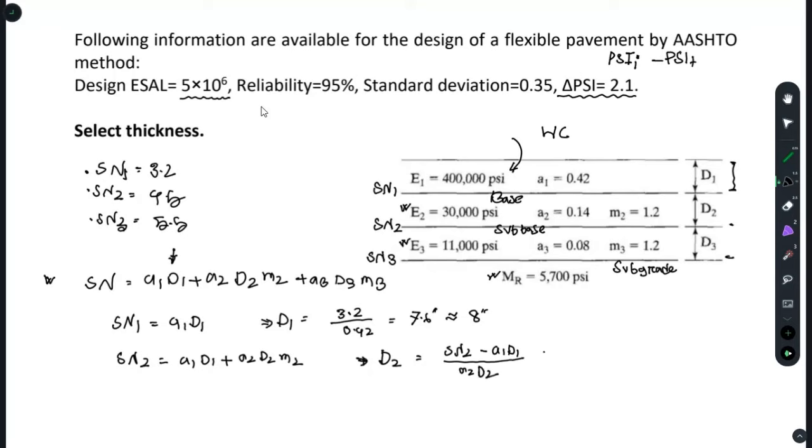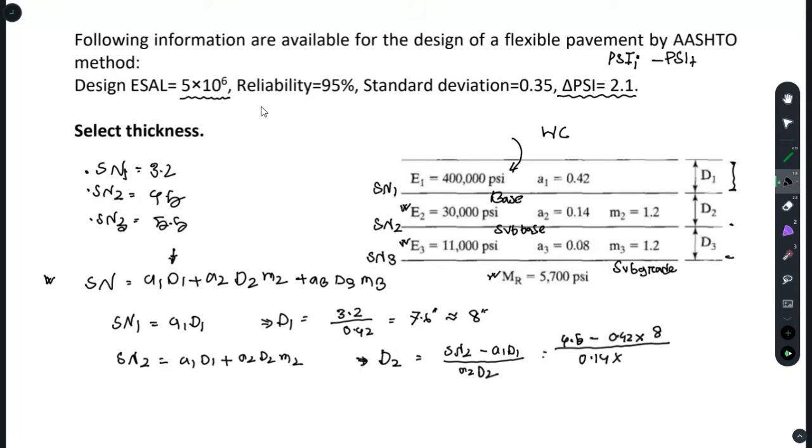So your SN2, which you know, is 4.5. We got that from the graph, and A1 is 0.42, and D1 is what we rounded up to 8 inch, and your A2 is 0.14, and D2 is what we don't know.